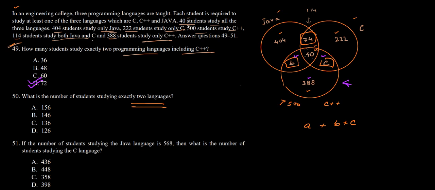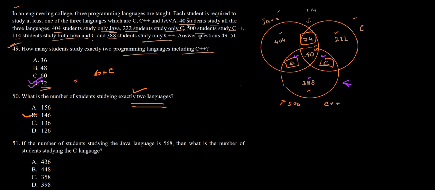So we will consider only the students who are studying two languages, which is A, B and C, where the value of A we know is 74, and B plus C was 72. So 74 plus 72 will give us 146. So 146 is the correct number of students studying exactly two languages, which is option number B. So option B will be the correct answer to this question.